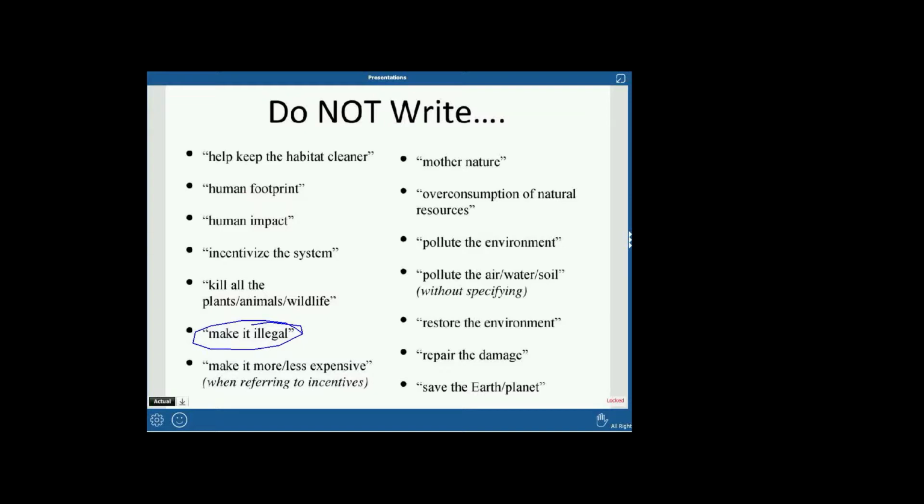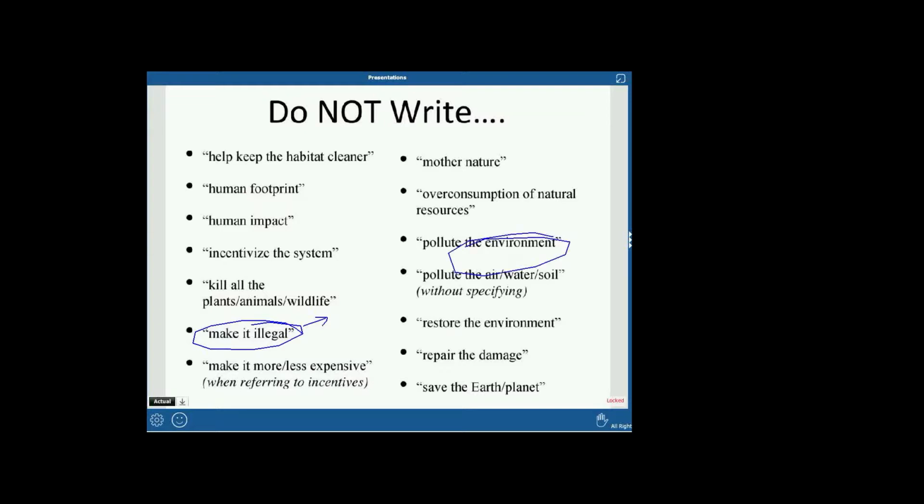Okay, well, how are you going to force that? What do you mean make it illegal? You're going to have some regulations in place, and they will be fined if they don't do what they're supposed to, I guess.